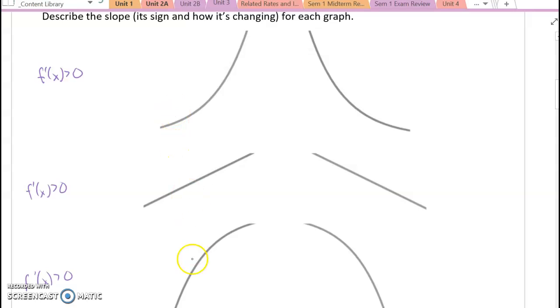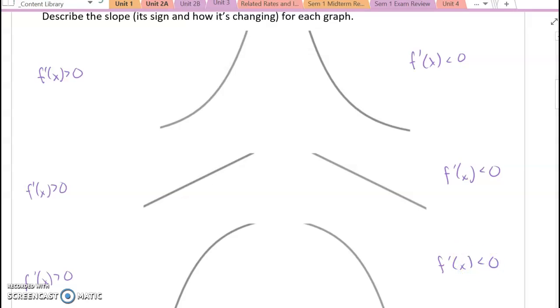Because for each one of these on the left side, our graph is increasing, right? Over here, the opposite is true. All of these are decreasing, so f prime of x is negative here, f prime of x is negative here, and f prime of x is negative here.